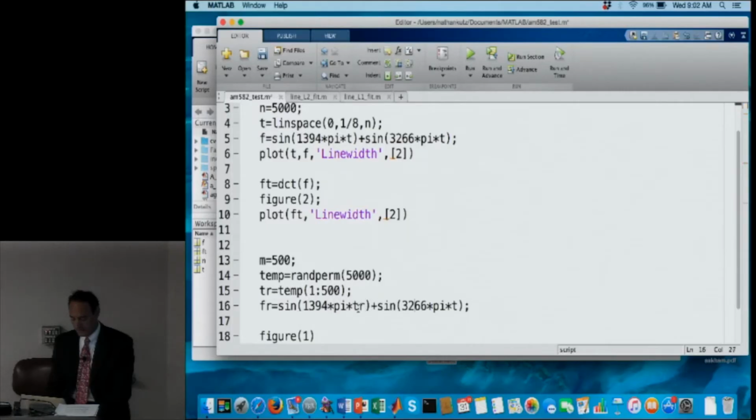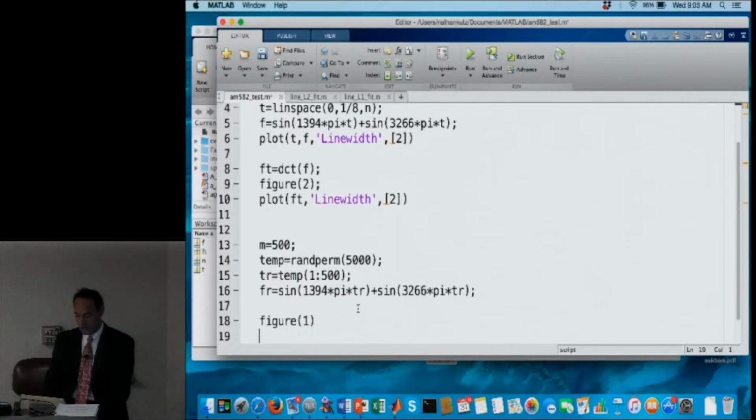See what I do with that? I said, okay, take those points, plot them too. And I'm going to go back to figure 1, and I'm going to say, hold on to what I had before, and now I'm going to plot TR, FR in red circles, line width 2. And what you're going to see is these are going to be my measurement locations.